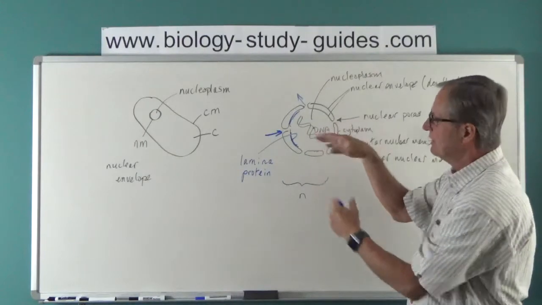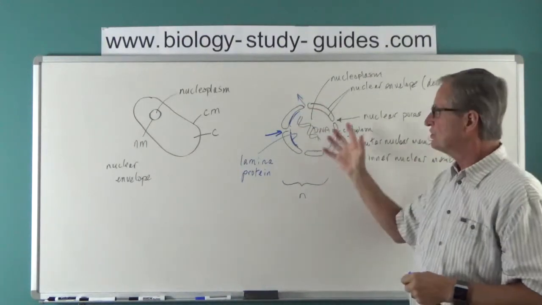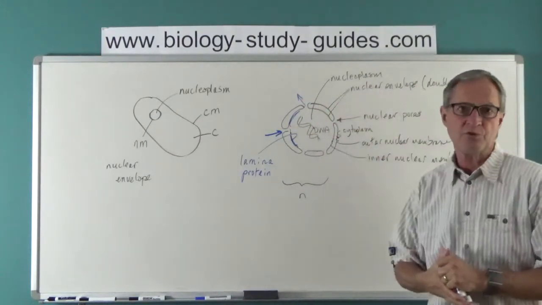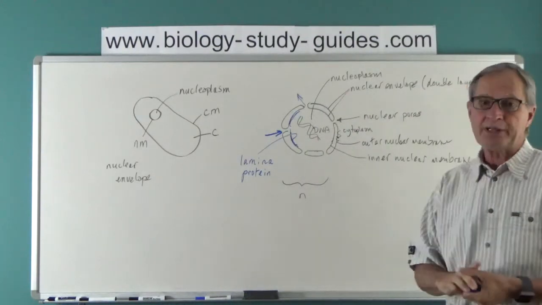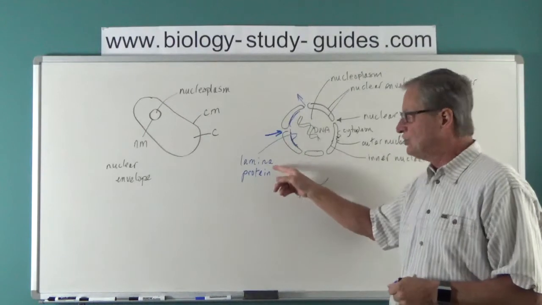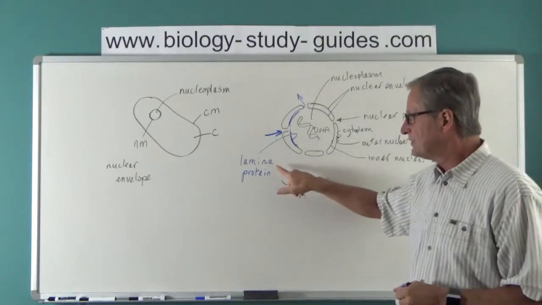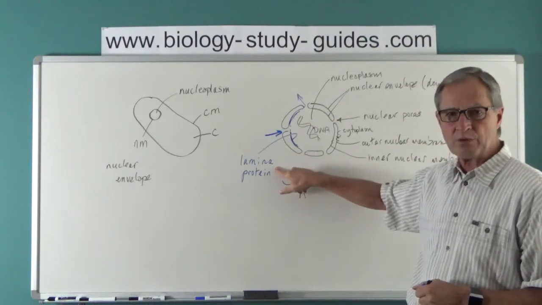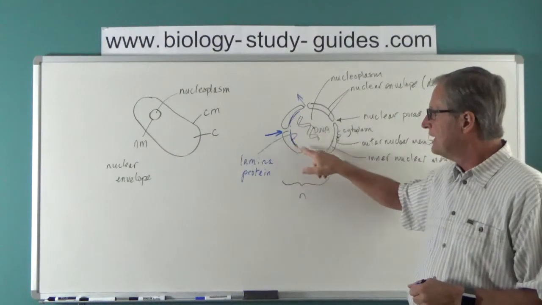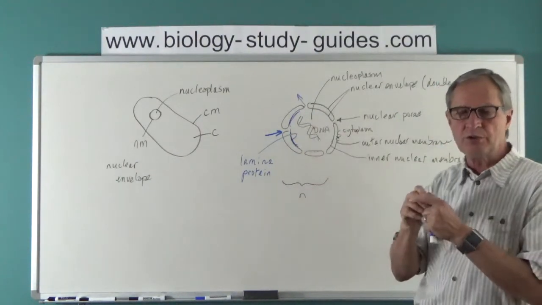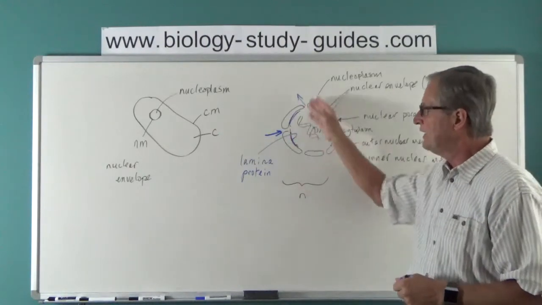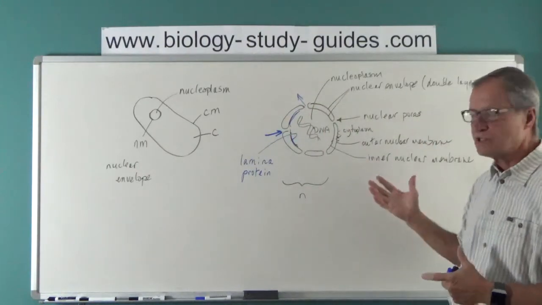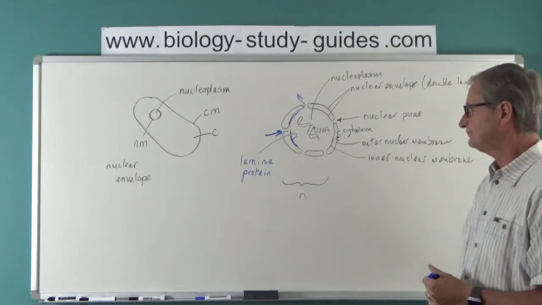It keeps it in a spherical condition so that the nucleoplasm retains a certain volume. It is believed that part of the aging in cells is because the lamina protein breaks down. So this integrity of the nucleus starts to diminish, and therefore the ability of the nucleus to communicate with the rest of the cell diminishes as well.